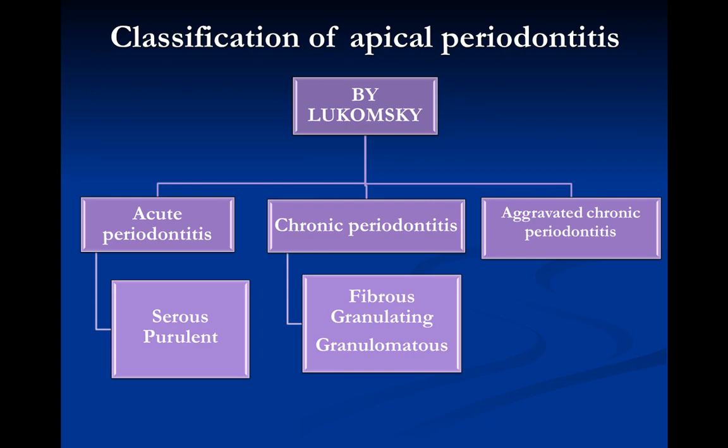Acute periodontitis divides into phases, serous and purulent phase. Chronic periodontitis has three forms: fibrous periodontitis, granulating, and granulomatous.